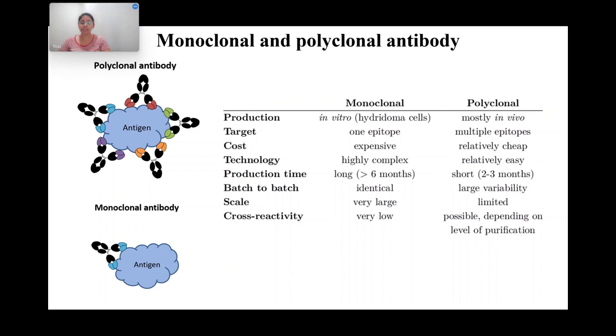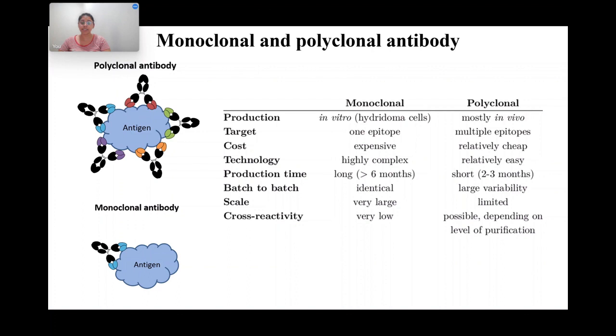To understand very briefly, a polyclonal antibody can bind to different antigens on its surface, because it will have paratope regions for all those different epitopes, but the individual interaction will be very specific. Monoclonal antibodies are all clonally amplified antibodies which will all bind to a single epitope only.